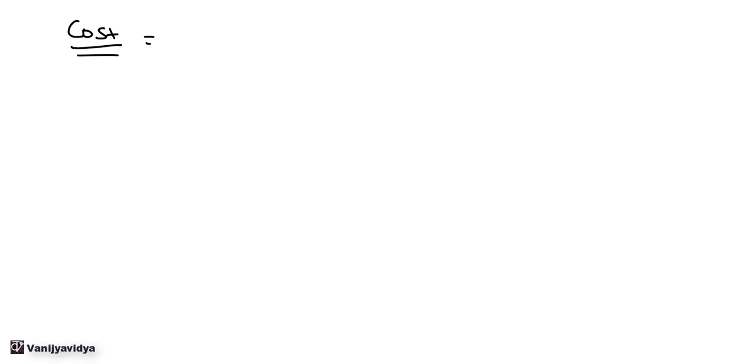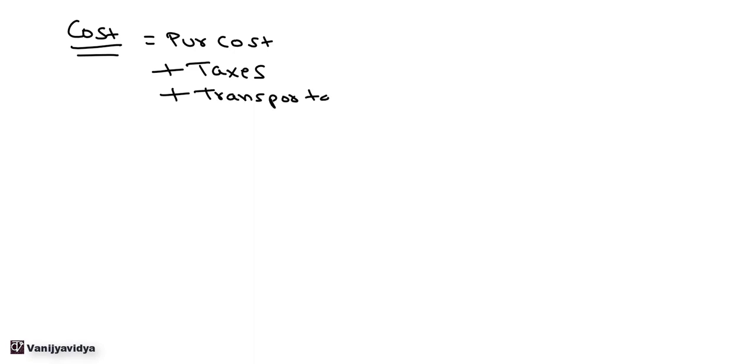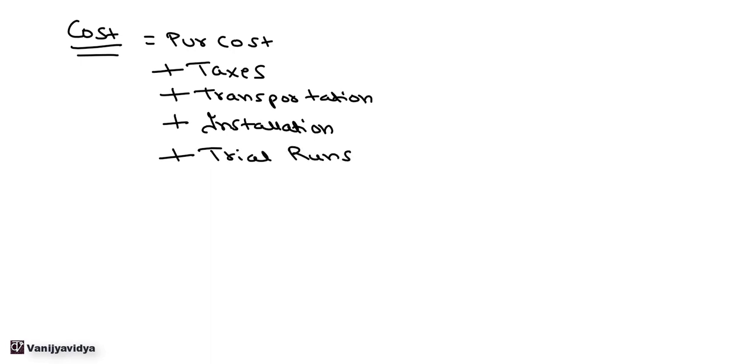So it will include your purchase cost plus all the taxes plus transportation and insurance if any, plus installation cost plus trial runs.